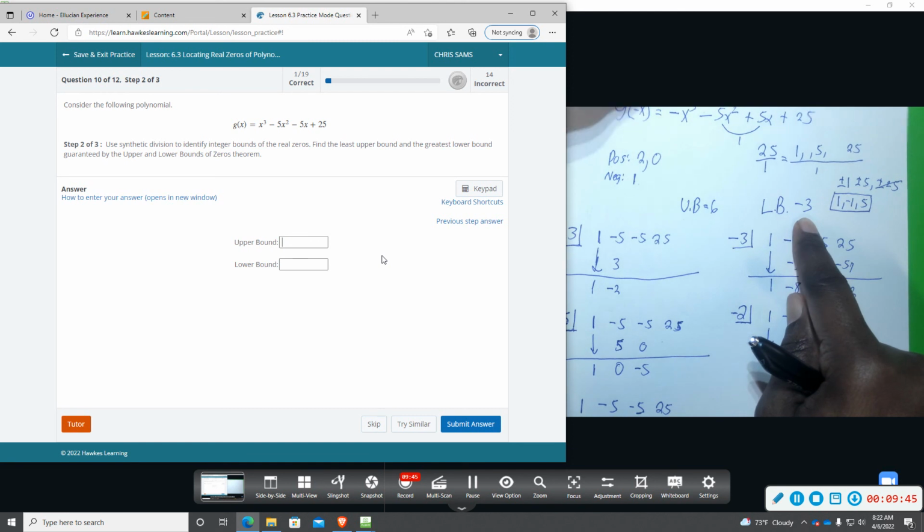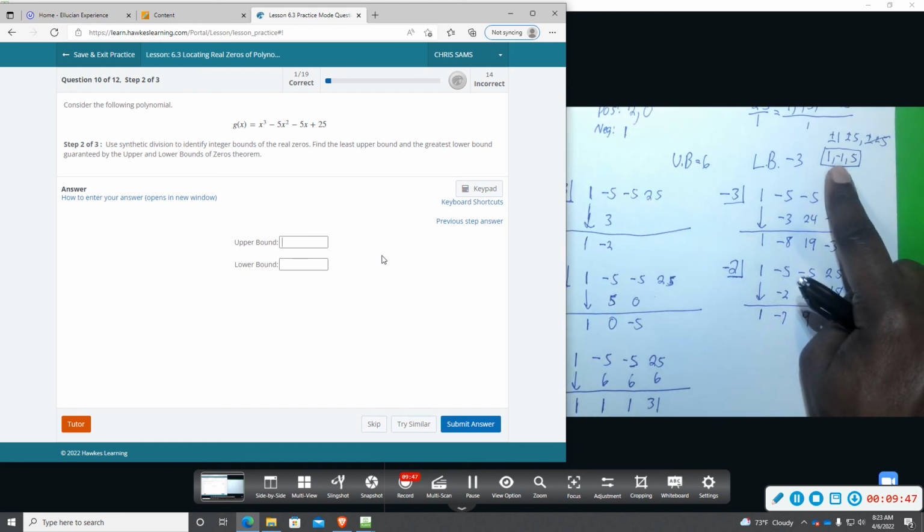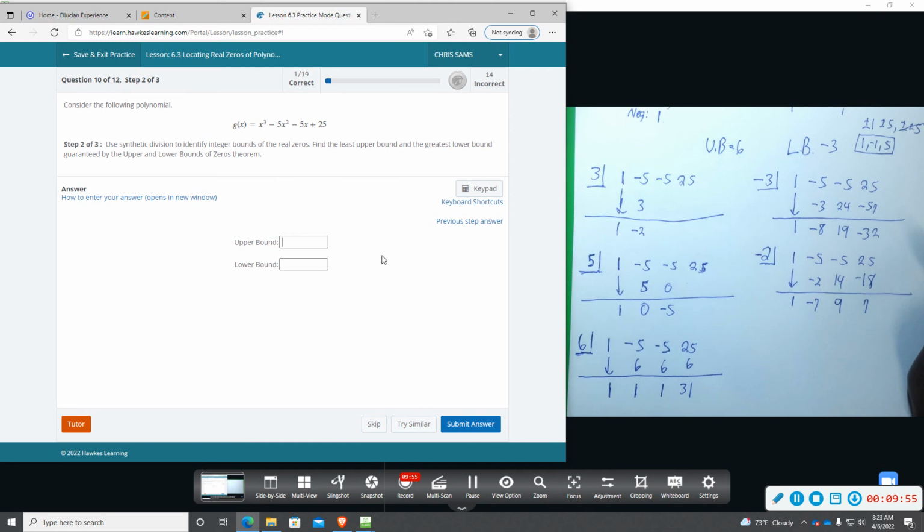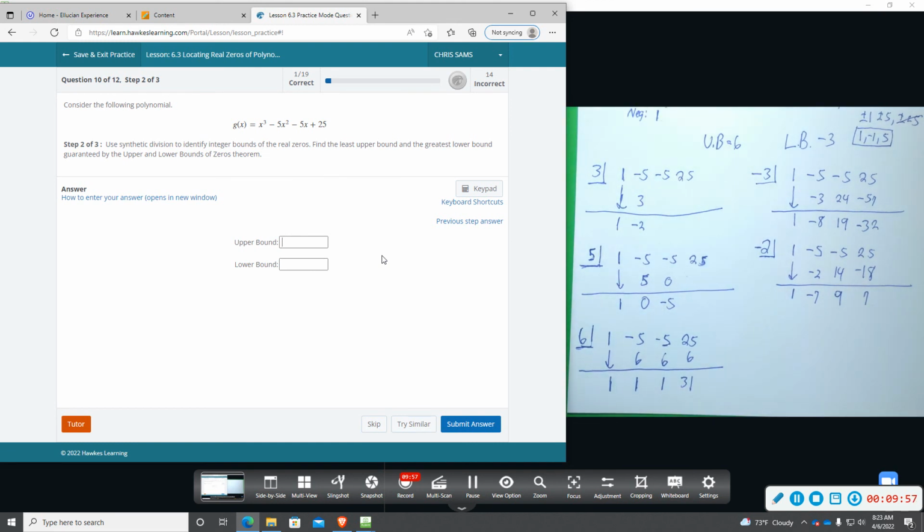So from here, you can either guess and check with synthetic division. I want you to use the calculator. I can't remember if I've shown this or not, but you can use the calculator and find pretty close, and then you'll know which ones to try.